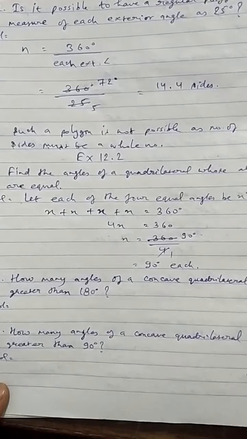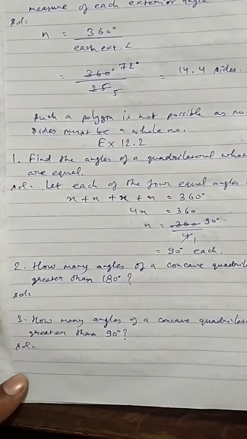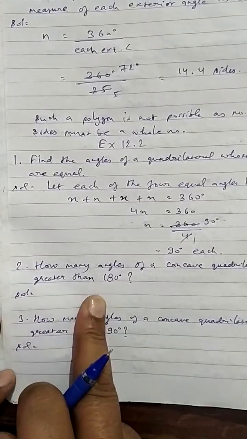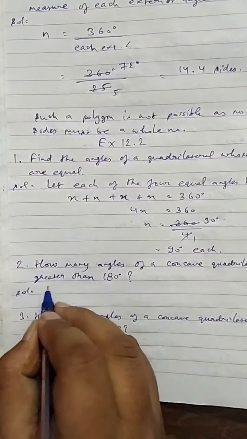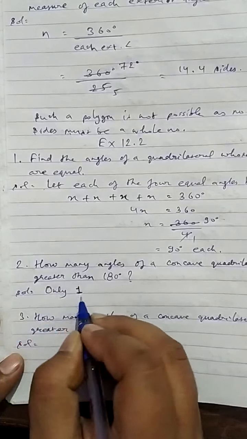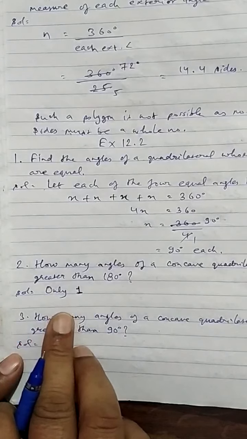This is the answer. Next is, how many angles of a concave quadrilateral are greater than 180 degrees? So there is only one angle possible which may be more than 180 degrees.